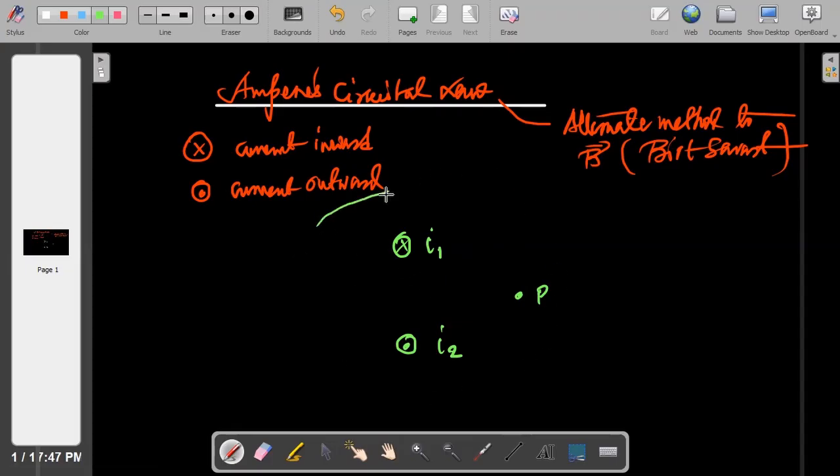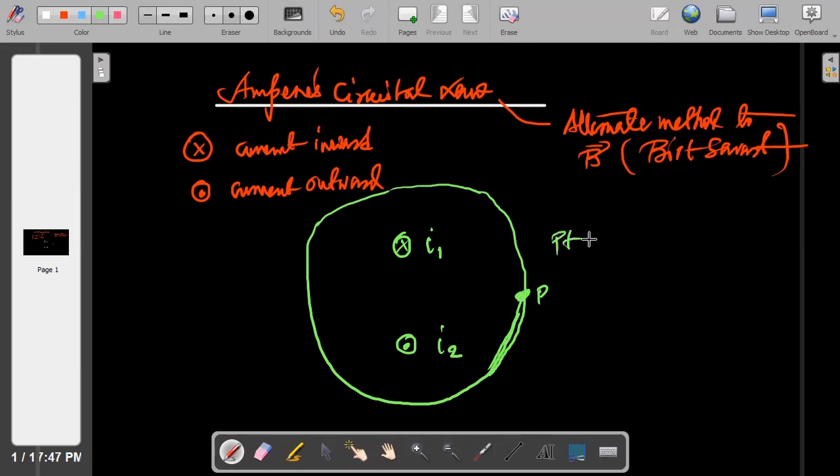So you have to draw a circle so that it cuts this point P. This may not be a circle; just for understanding, I'm telling. So this point P should be on the circle, right?